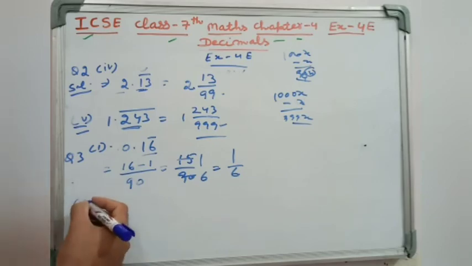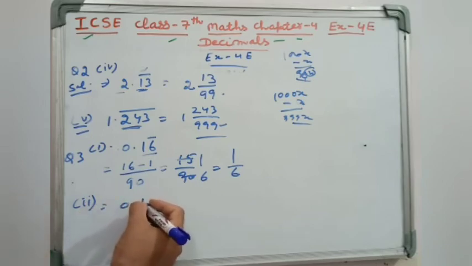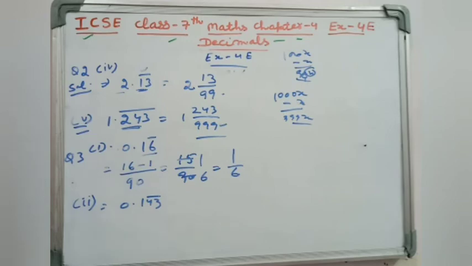Now, in the same way, part second, 0.143 bar, the bar is only at 43, right? Not at 1, only at 43. Just write it simply as 143. The bar is only at 43, 1 is remaining, so we will subtract 1.